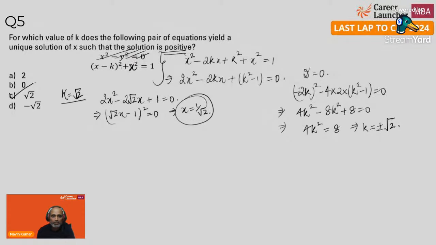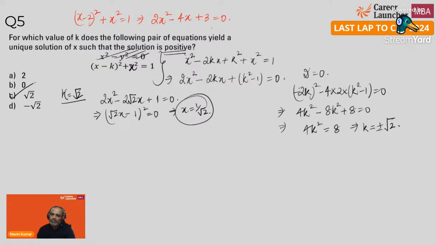So if I put the first option, I'll be getting x minus 2 whole square plus x square is equal to 1. If I open this, I'll be getting 2x square minus 4x plus 4 plus 3 is equal to 0.